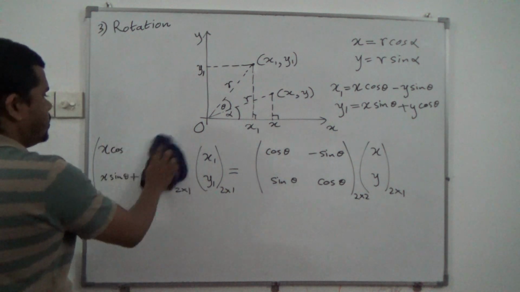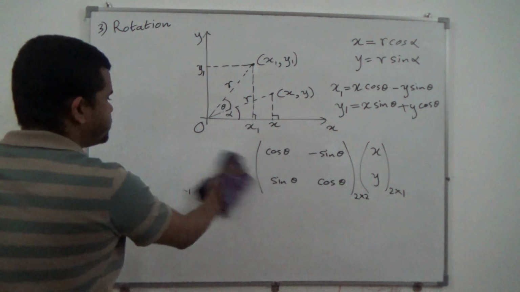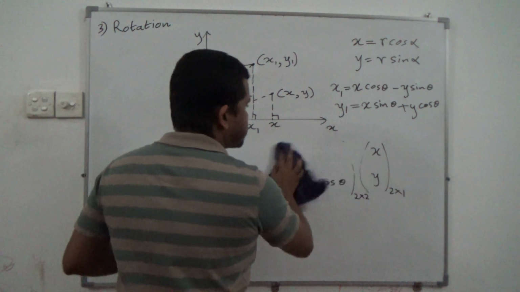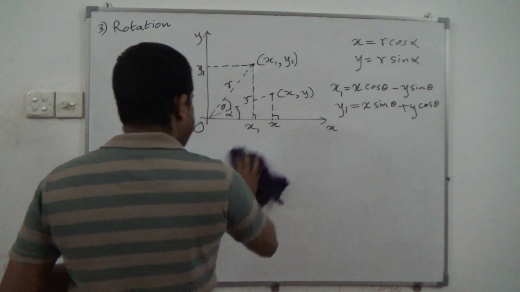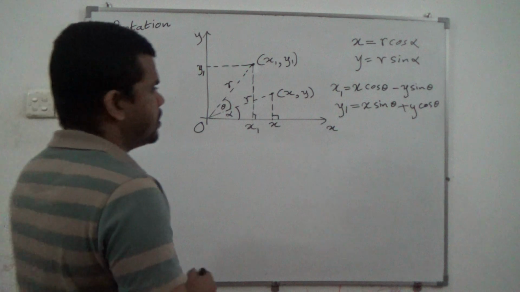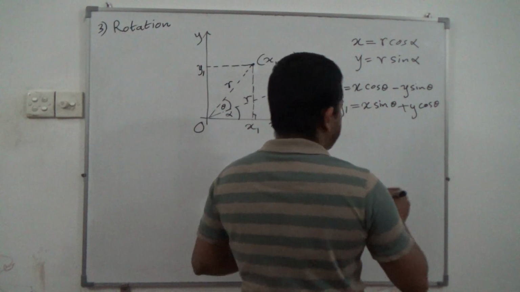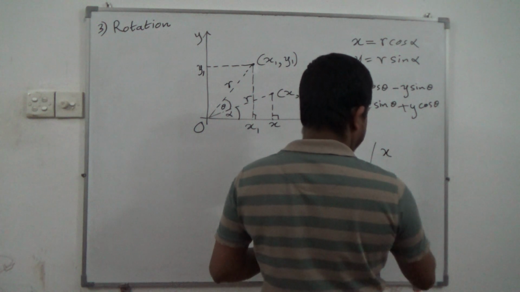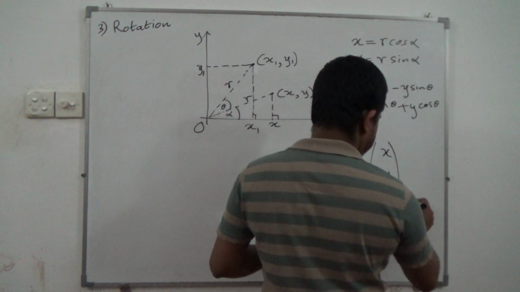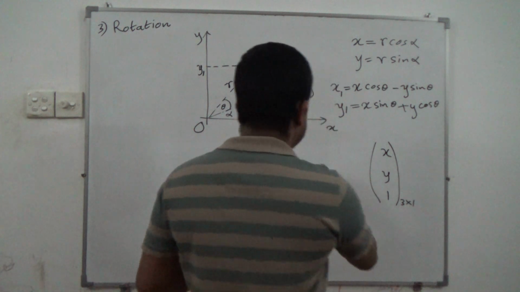Therefore, here it's like this. Here we have x, y, 1, a 3 cross 1 matrix.